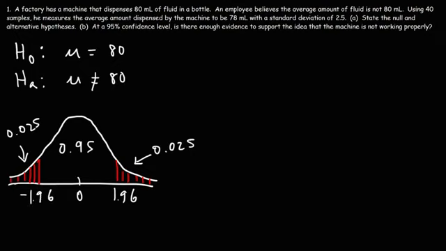They separate the rejection region from the fail to reject region. The shaded area is the rejection region. Now, in order to determine if we should accept or reject the null hypothesis, we need to calculate the z-value and compare it to the critical z-value, which is 1.96, positive or negative.